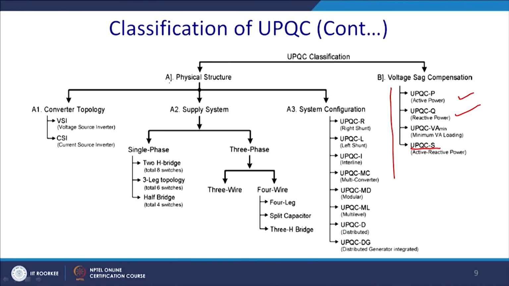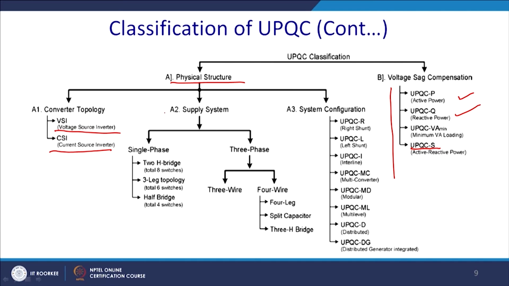Similarly, based on the physical structure, we have the converter topology, that is the first classification, that is based on the voltage source inverter or current source inverter. We generally use voltage source inverter, we have said repeatedly.